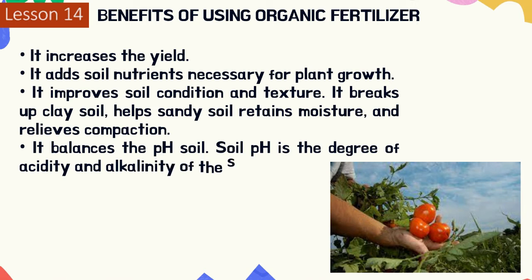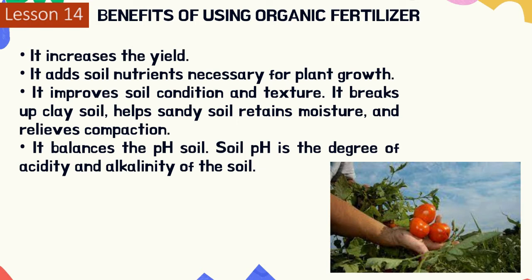Next, it improves the soil condition and texture. It breaks up clay soil, helps sandy soil retain moisture, and relieves compaction. And the last, it balances the soil pH. Soil pH is the degree of acidity and alkalinity of the soil.